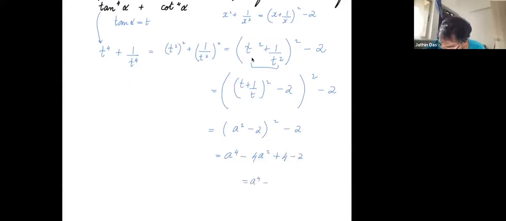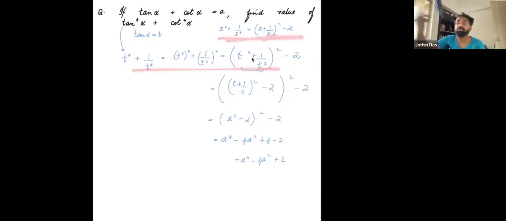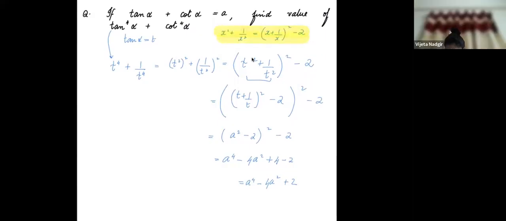So a raised to 4 plus 2. Any method you can do. I did it by this method because I want you to revise the small things which will help you somewhere. That's all. That's why I make them do this method. But that method is also fine, nothing wrong in that. But remember this identity or this technique.